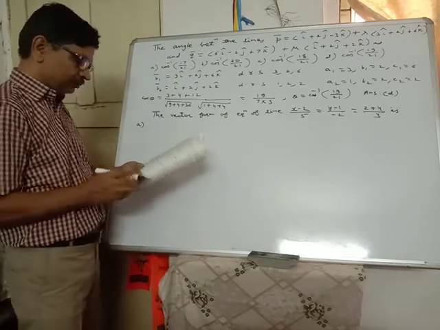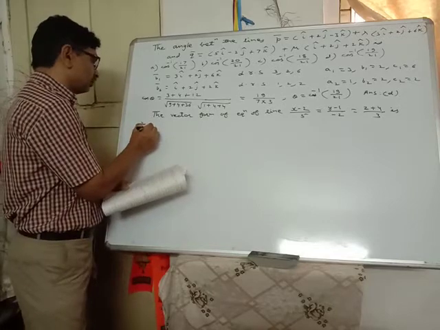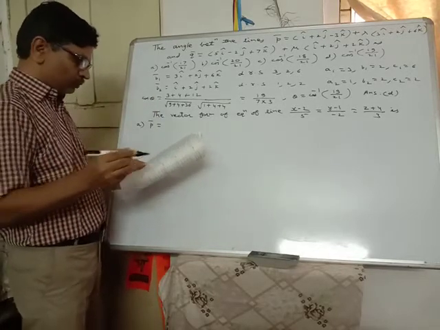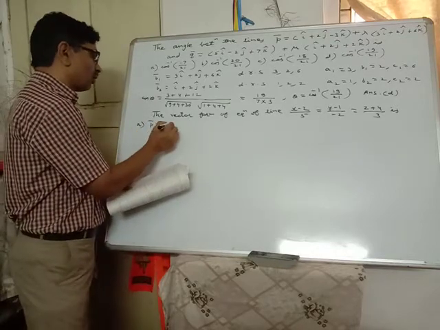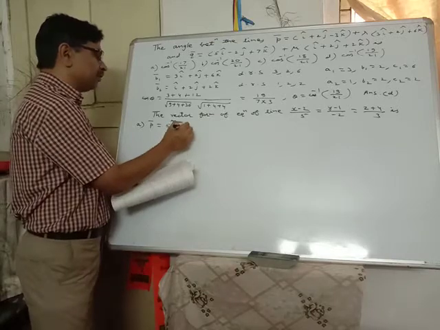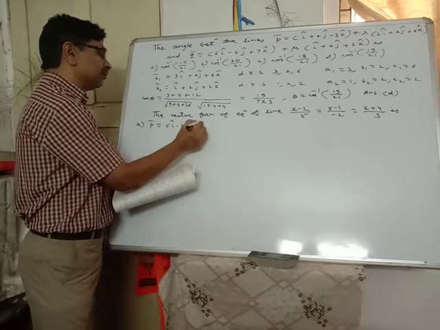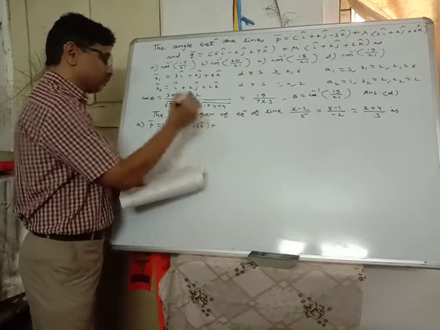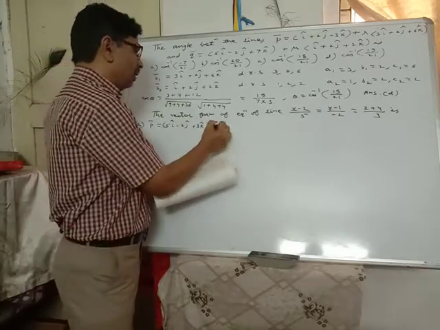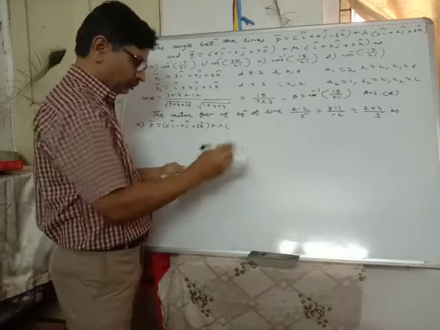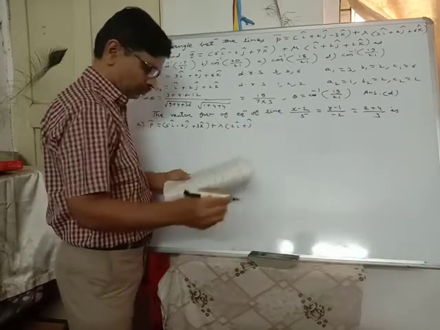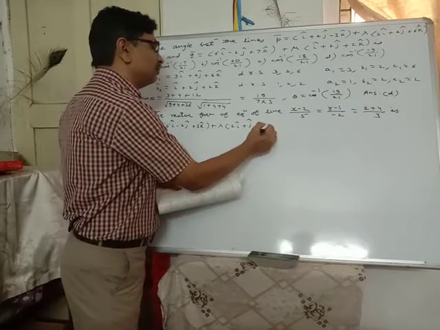Option A. P bar equal to 5i minus 2j plus 3k plus lambda into bracket 2i plus j minus 4k.